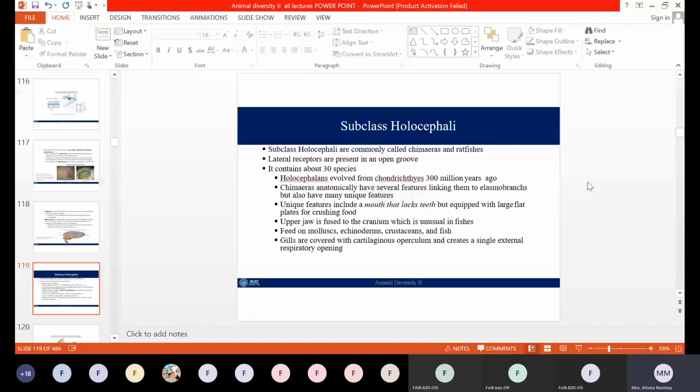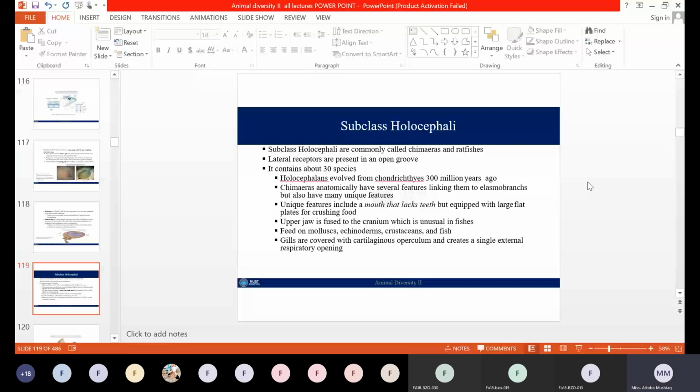Their teeth are modified into large plates that help them to crush the shells of mollusks. These are basically modified for crushing the prey, that is, for crushing the shells of the mollusks.